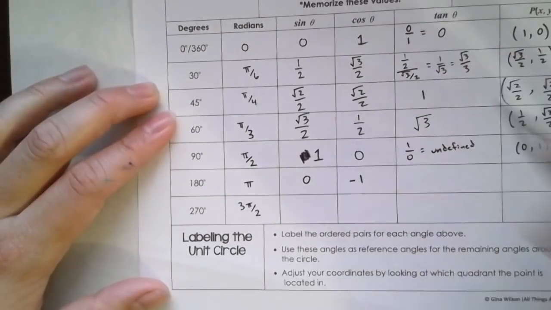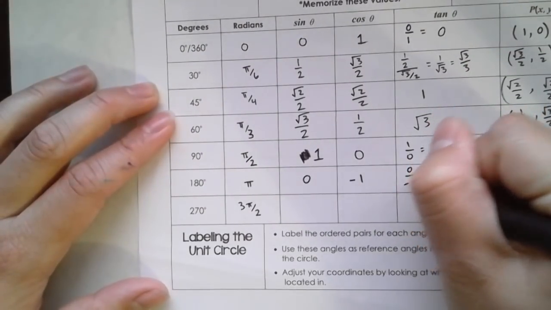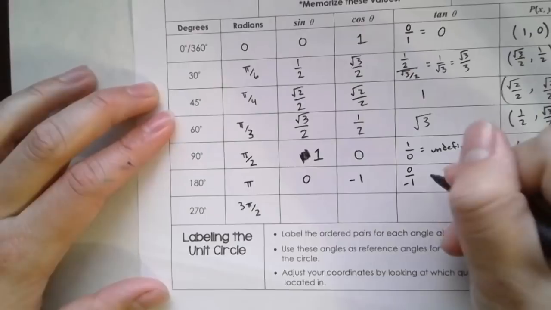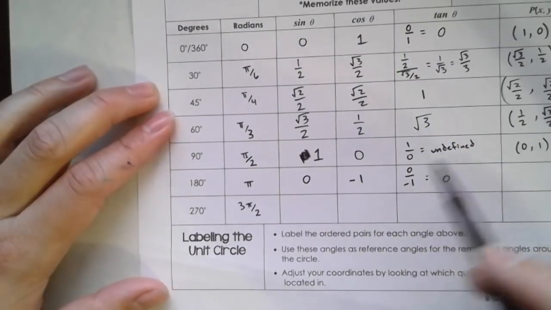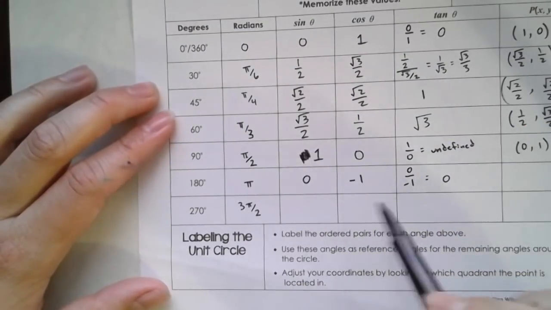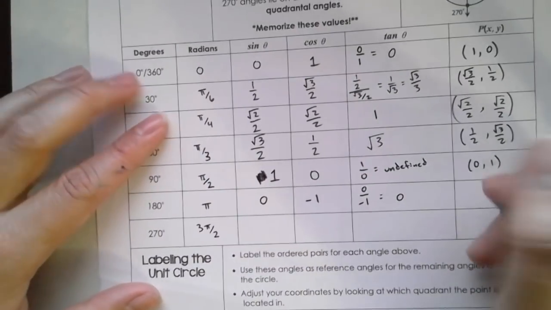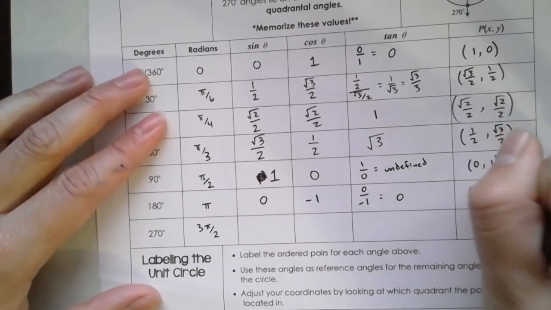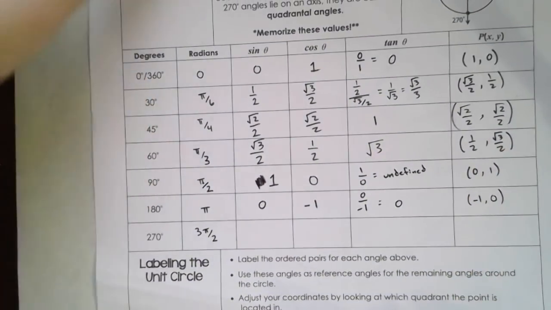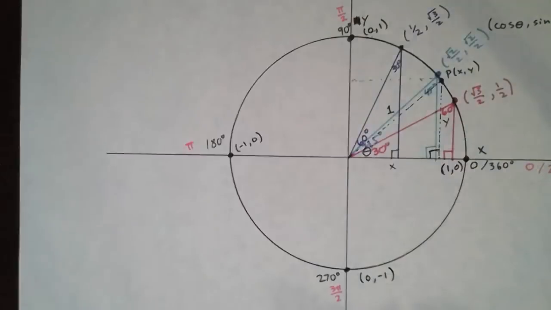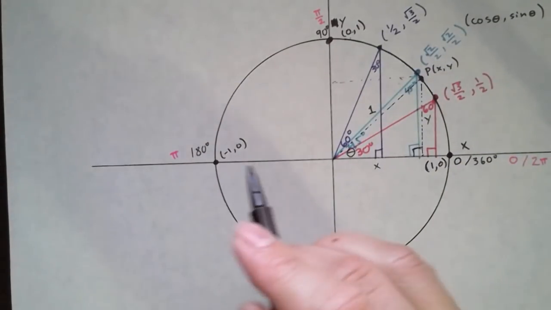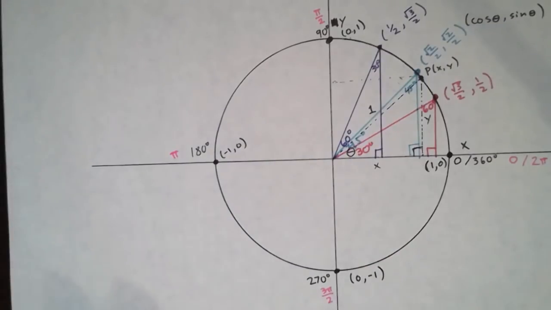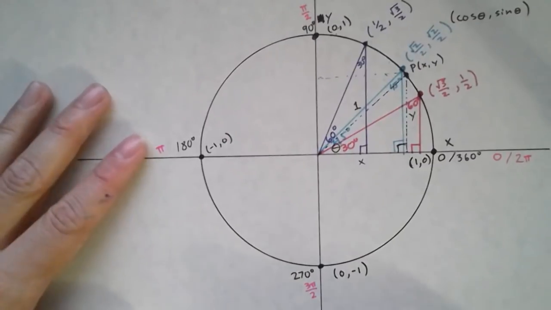Tangent theta, sine of 0 over negative 1, that would just be 0. So therefore the tangent of 180 degrees is 0, and then the point is negative 1 comma 0. This makes sense, right? Because clearly you're right on the x-axis, so therefore the y coordinate is going to be 0. Let's look at 270.